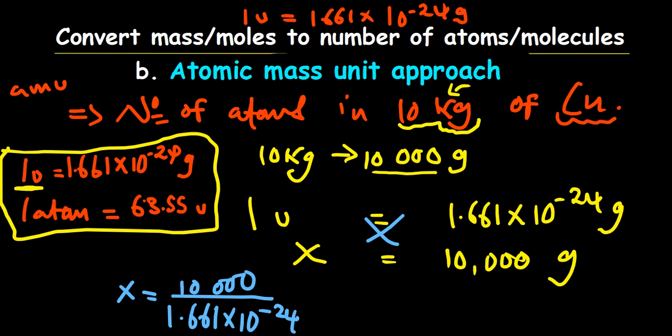So what are you going to get there? Let's punch that into our calculators. Let me open the scientific calculator. I have 10,000 divided by 1.661 multiplied by 10 to the power minus 24.